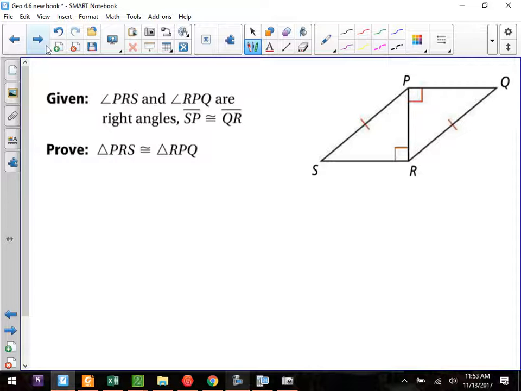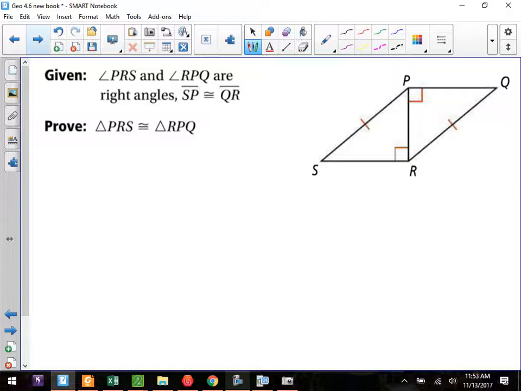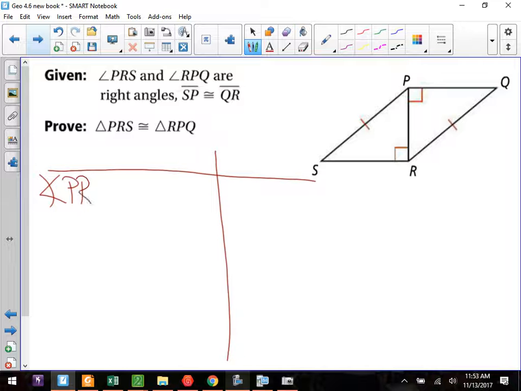Angle PRS and angle RPQ are right angles.